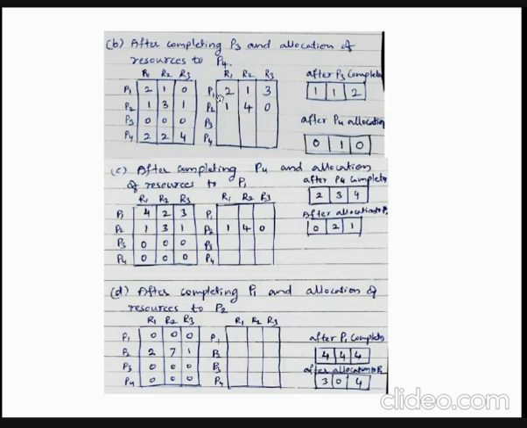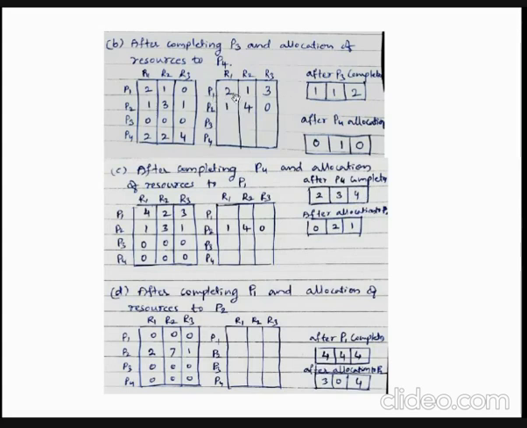However, P1 can be taken for execution because the resources required are 2, 1, 3. It requires 2 resources of R1 type, 1 resource of R2 type, and 3 resources of R3 type. That's why we can decide that P1 will be able to complete the execution.